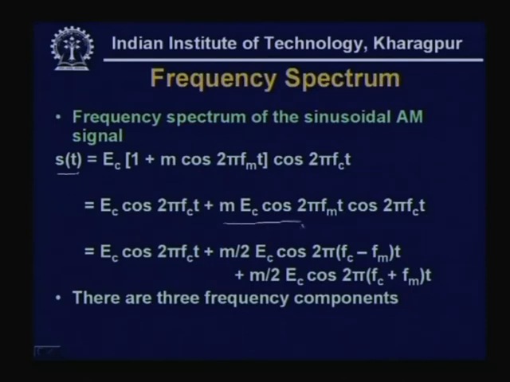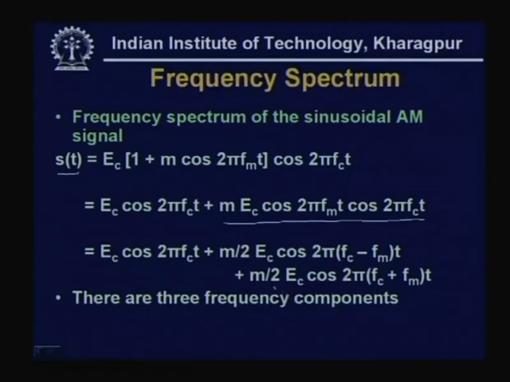This particular term can be represented by this form: m by 2 Ec cos 2π (fc minus fm) t plus m by 2 Ec cos 2π (fc plus fm) t.